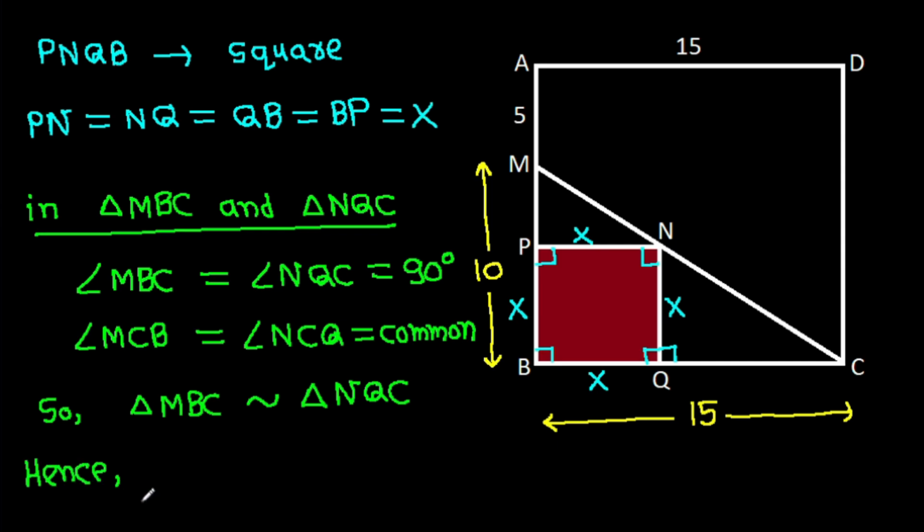Hence MB over NQ will be equal to BC over QC.